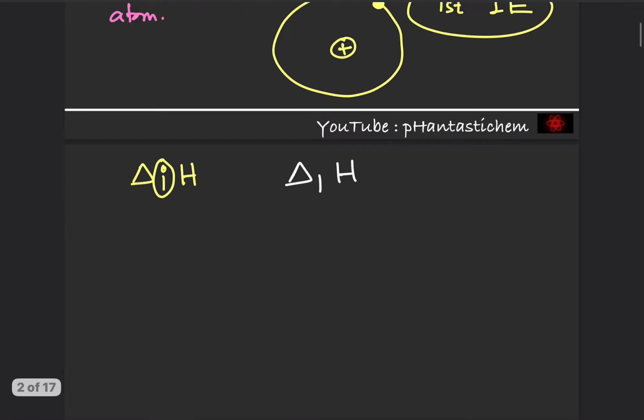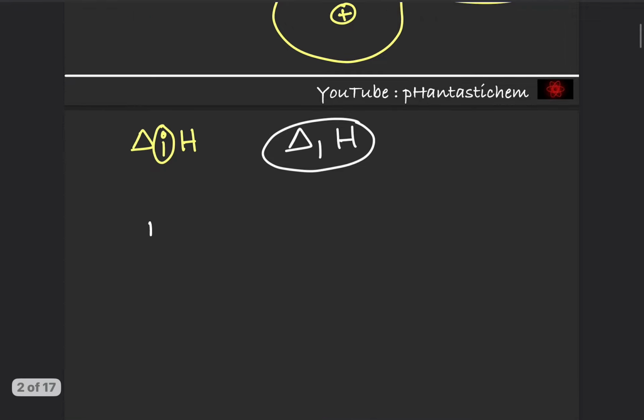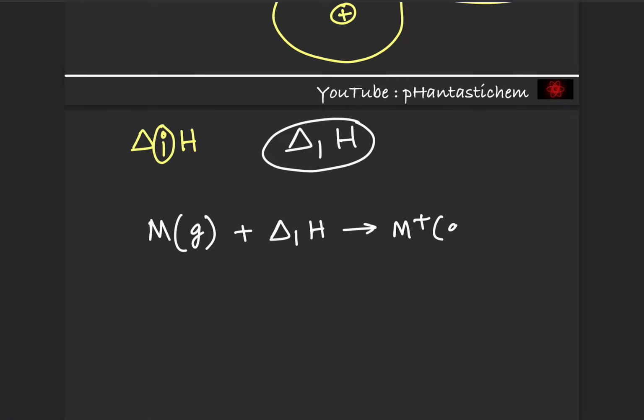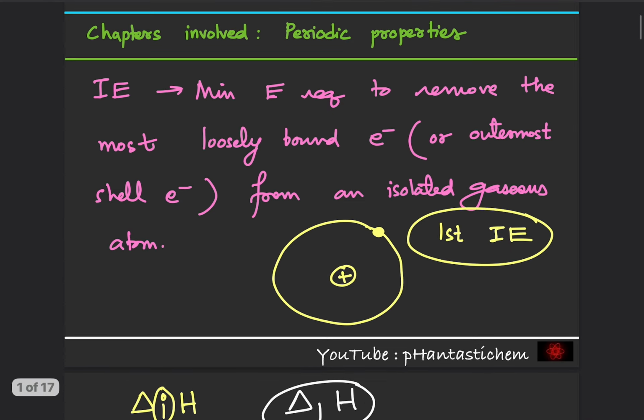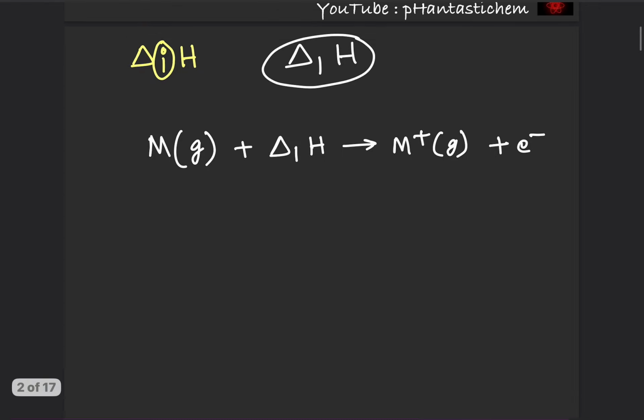Represented as a reaction, we have a gaseous atom M, and we have to give delta 1H so that we knock one electron out from this gaseous atom, which results in a positive gaseous cation plus an electron. The unit of ionization energy is kilojoules per mole.